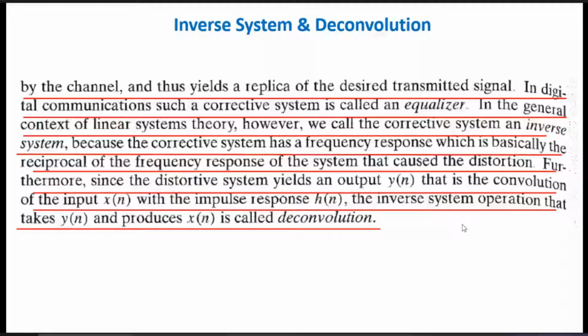So y[n] is equal to x[n] convolved with h[n], and x[n] will be y[n] convolved with 1 by h[n]. That is deconvolution, the opposite of convolution.